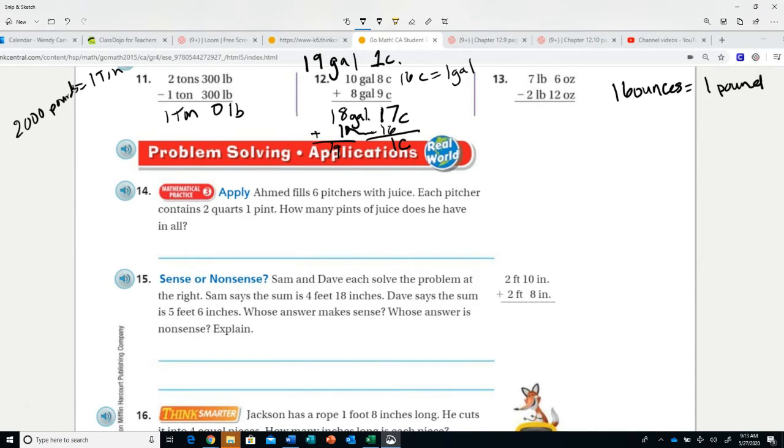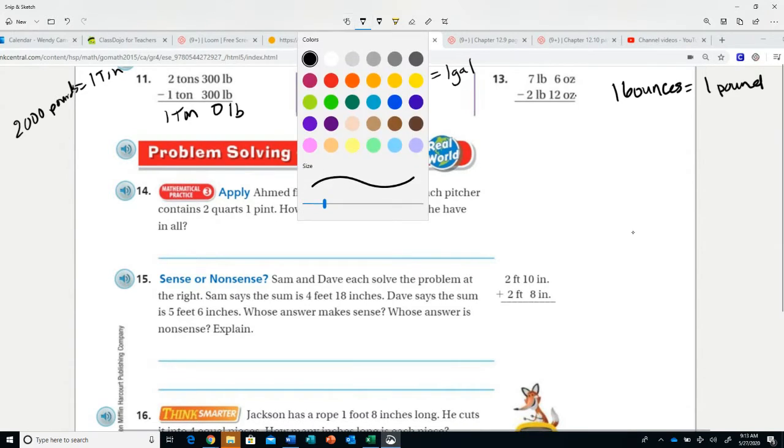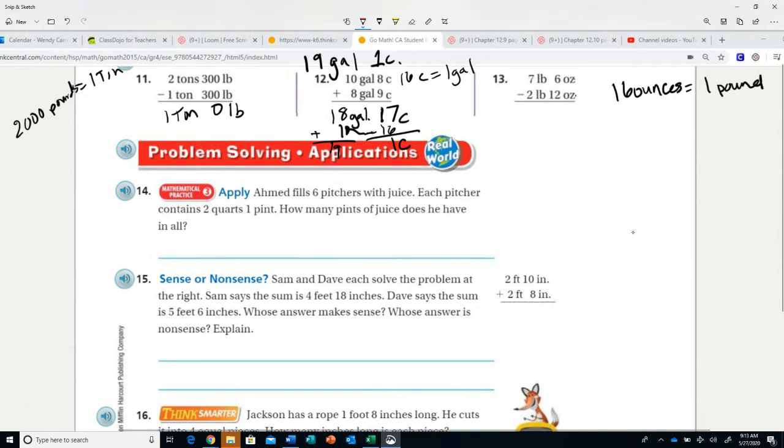Okay? So when I get this 6 over this 12, that's where we have problems. You can't take 12 ounces from 6 ounces. You're going to have to get some ounces from all your pounds over here. So I'm going to make this 6 pounds.